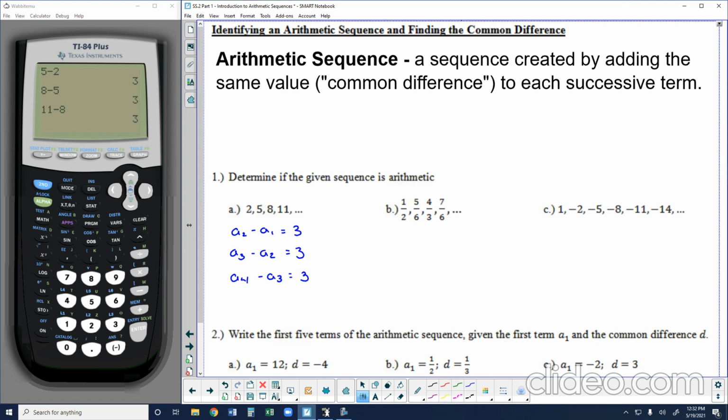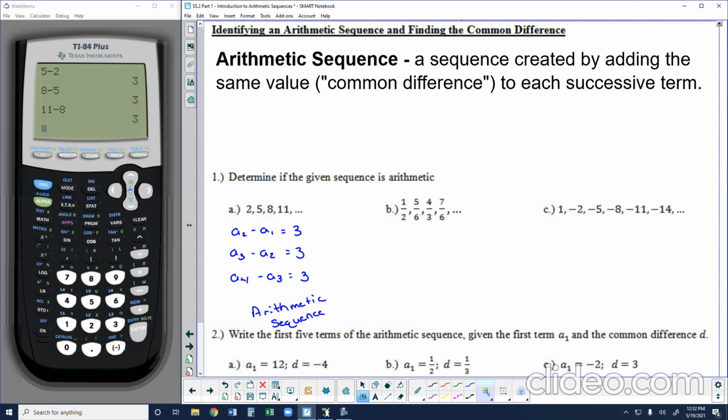So we could say that, yes, this is an arithmetic sequence. And again, because when we take a look at the terms, we can see that the difference between each of them is 3. So we use the calculator there. You wouldn't necessarily need to use the calculator if you could do that mentally, we're just finding that difference.